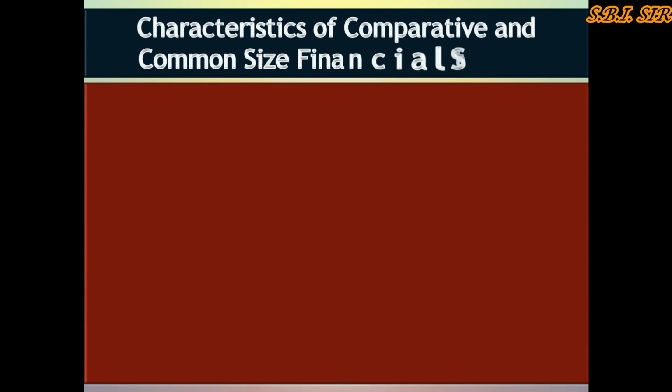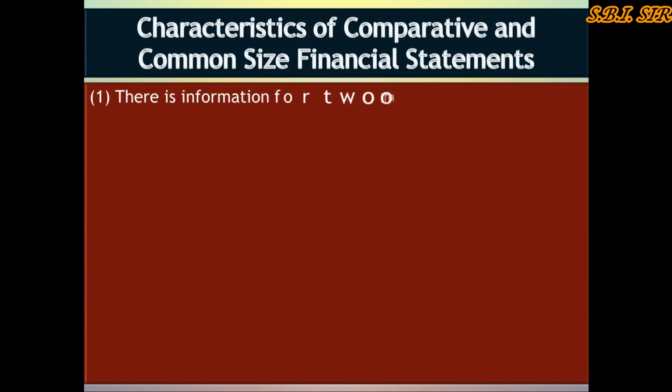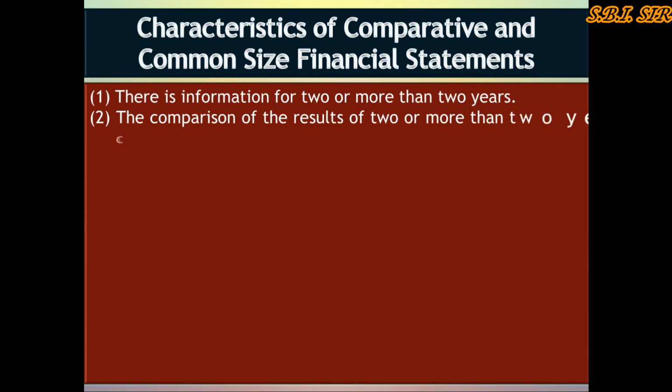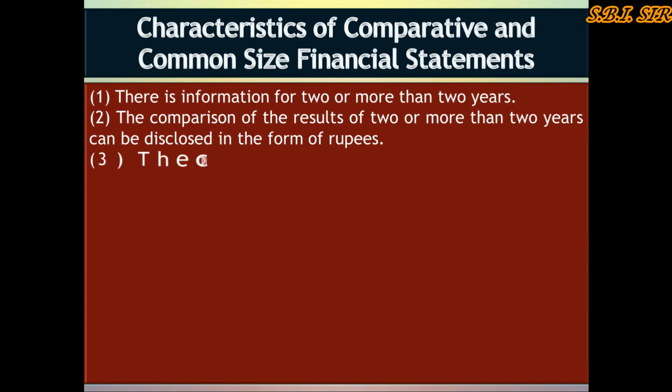Next, characteristics of comparative and common size financial statements. First, there is information for 2 or more than 2 years. Second, the comparison of the results of 2 or more than 2 years can be disclosed in the form of rupees.